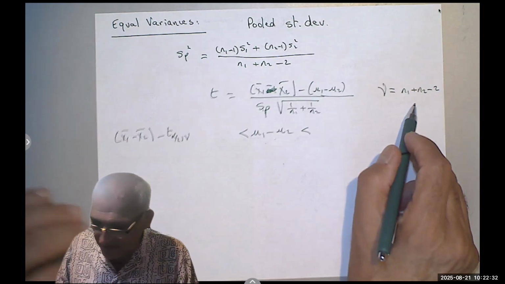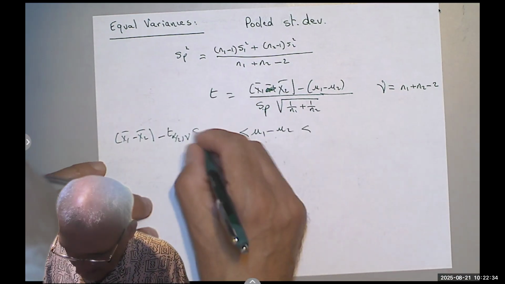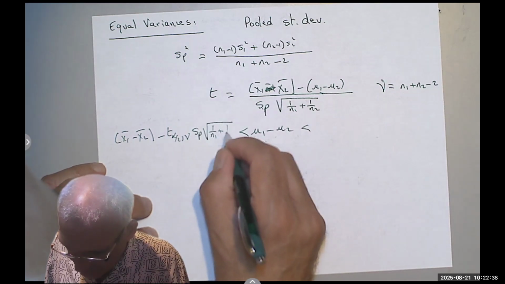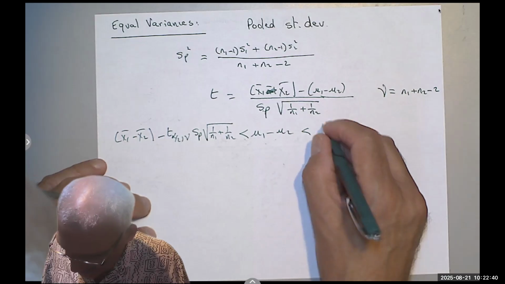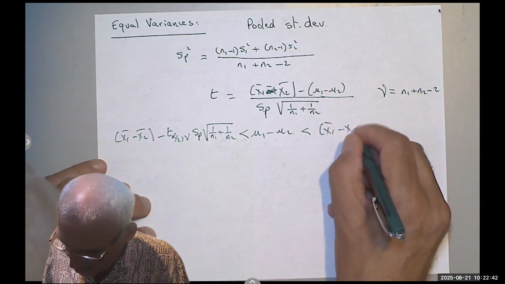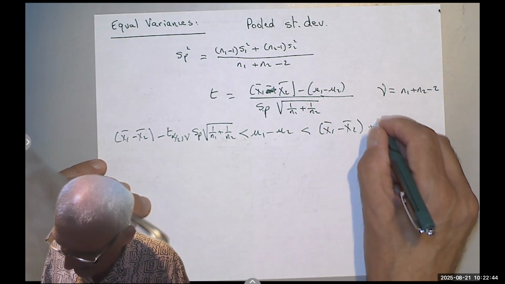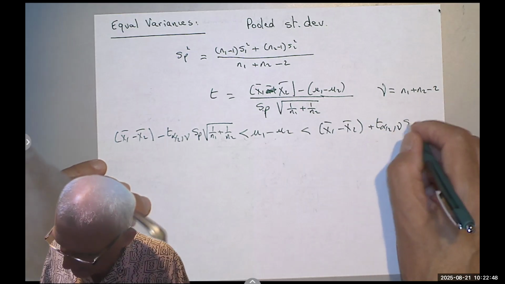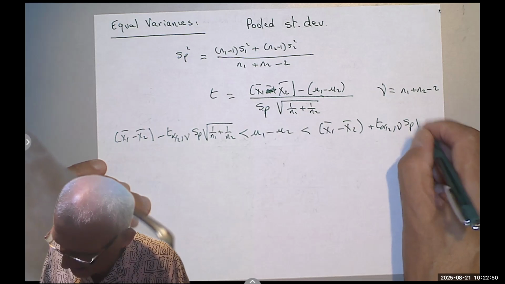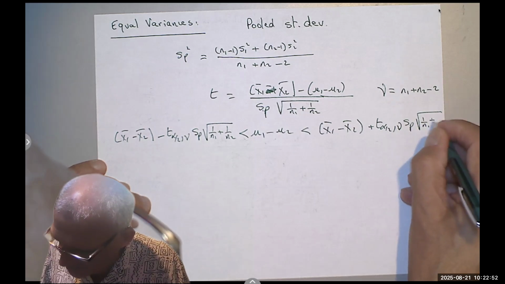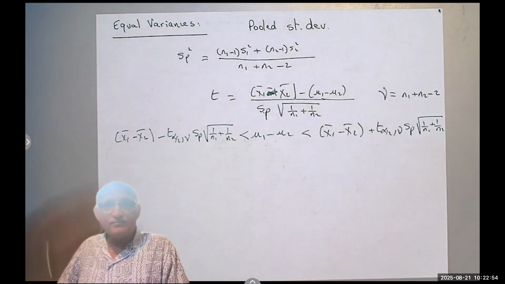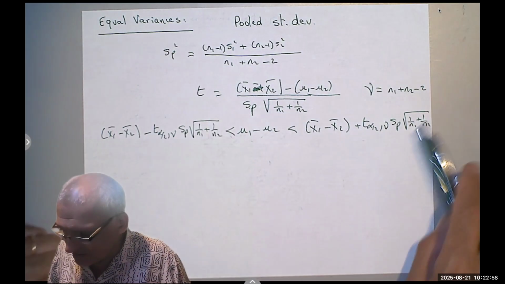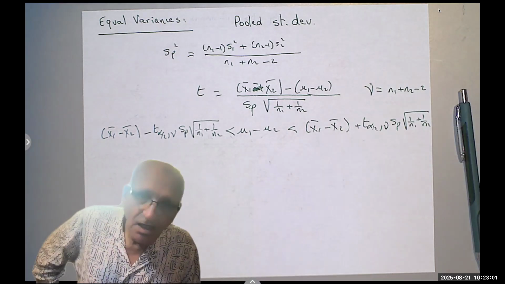That's the degrees of freedom, and you multiply by SP times the square root of 1 over n1 plus 1 over n2. And this is x1 bar minus x2 bar plus t alpha over 2 in degrees of freedom times SP times the square root of 1 over n1 plus 1 over n2. Okay, so that's if you use that.